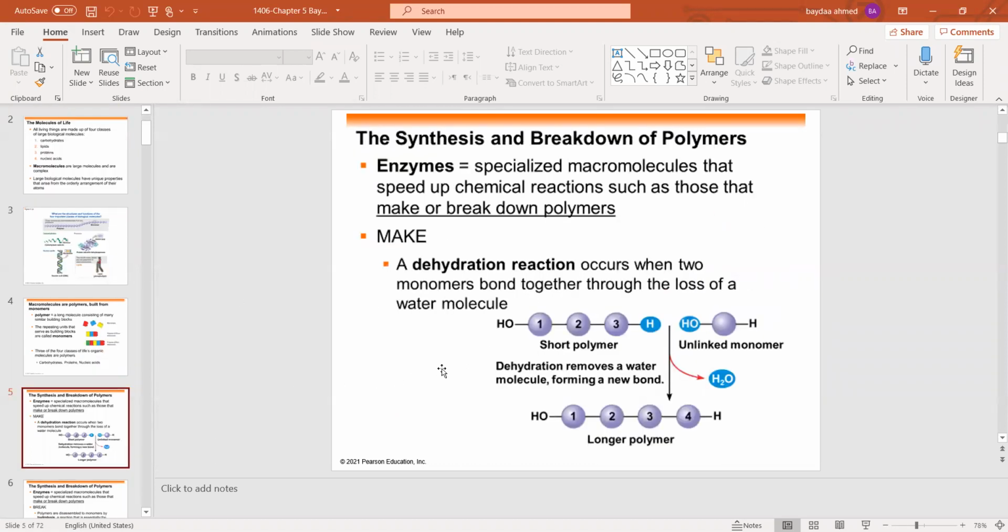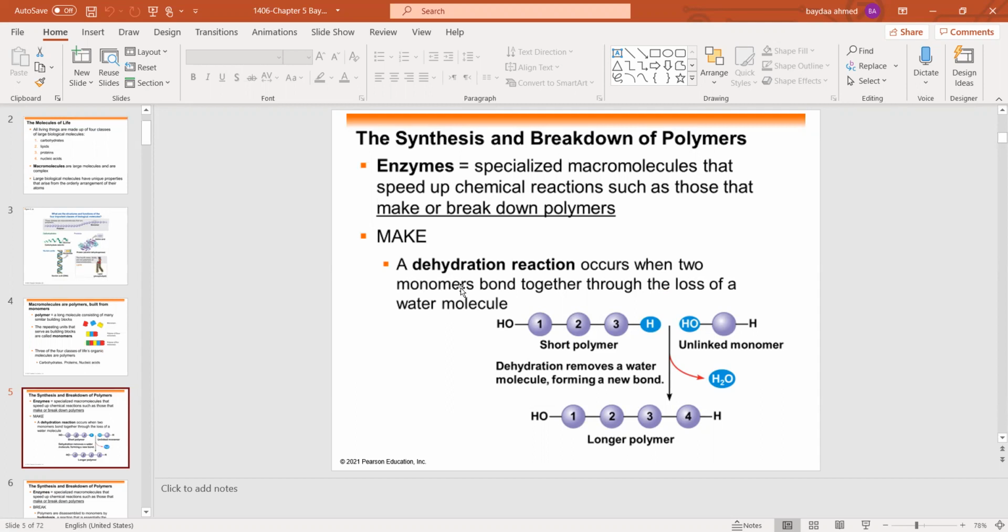Although each class of polymer is made up of different types of monomers, the chemical mechanism by which cells make polymers and break them down is similar for all classes of large biological molecules.